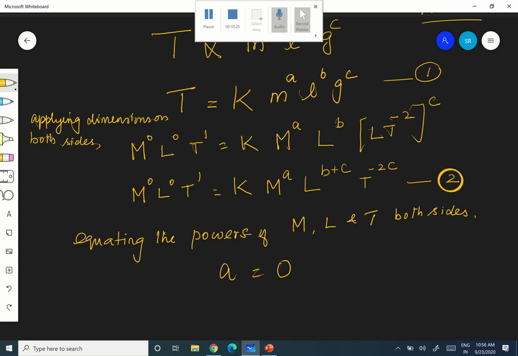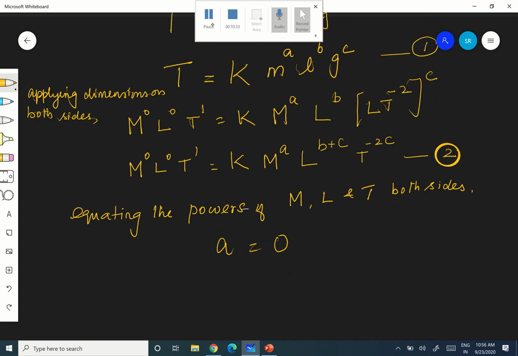Because both are the same physical quantities. Next one: L power on the right side is b plus c, but on the left side the L power is 0. Therefore b plus c should be equal to 0.